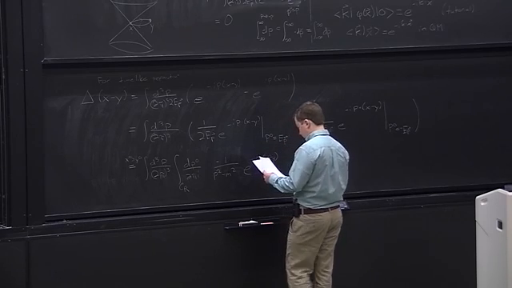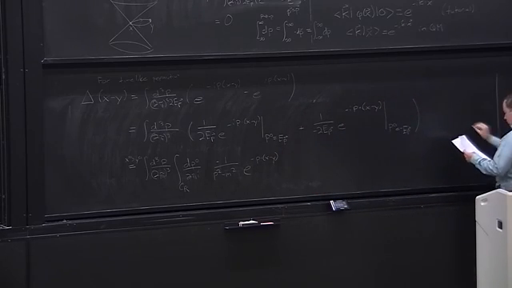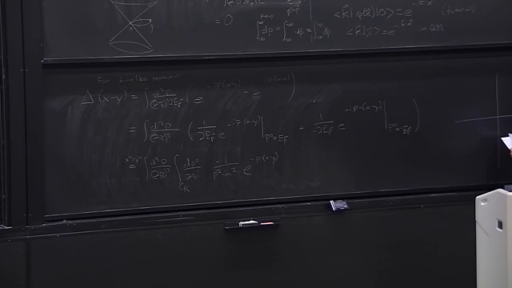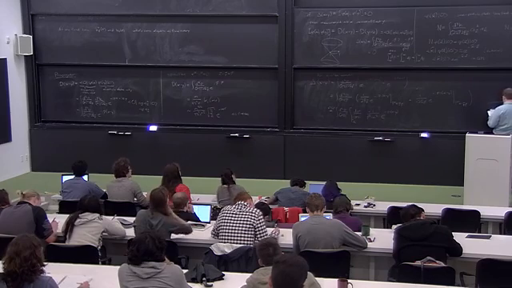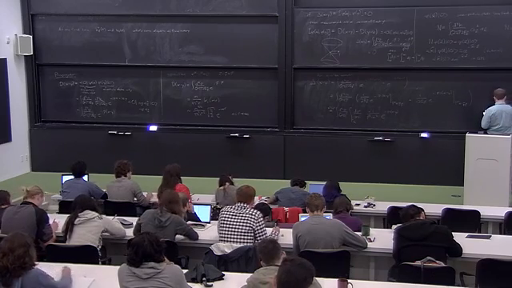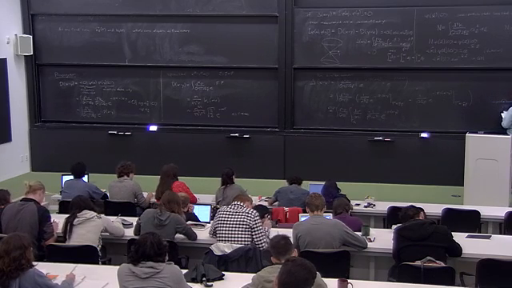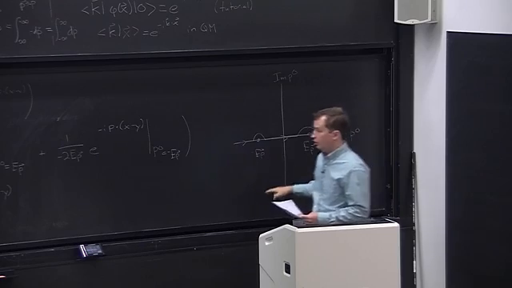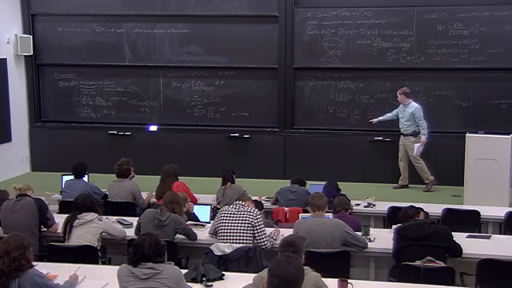So here, this contour, which I'm calling C_R, is a contour in the complex p^0 plane, which goes around the poles at p^0 equals plus or minus E_p in the following way.